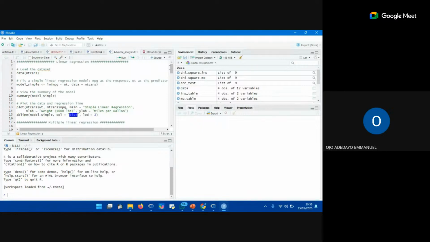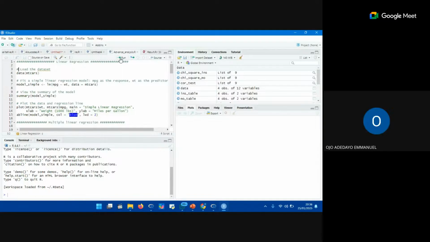So let's start with linear regression. Tonight we want to start with the linear regression. So I'm going to load the data I want to use tonight, the mtcars. Unlike our normal R where we use Control R, in RStudio, look at this. Can you see my console? You see Run? This is the practical section, this is interactive.